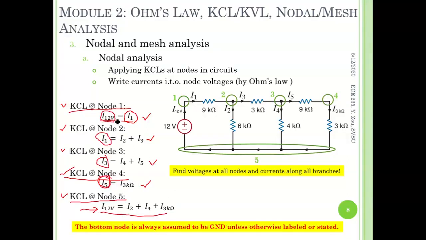In other words, if you add up I12 volts, I1, I3, I5 together and place this sum at one side of the equal sign, and then add I1, I2, I3, I4, I5, I3K together and place the sum at the other side of the equal sign, the result is this equation. So basically, the 5th equation is derived from the previous 4 equations.